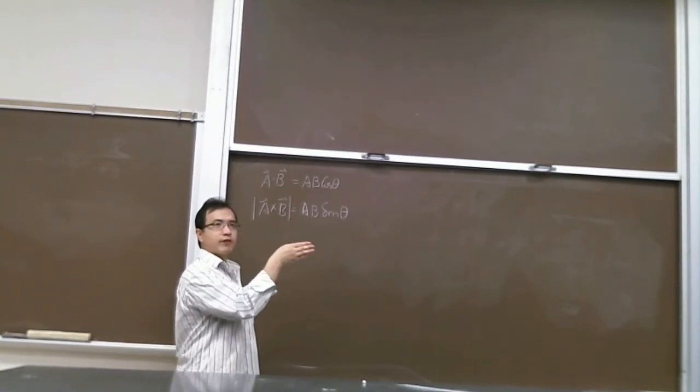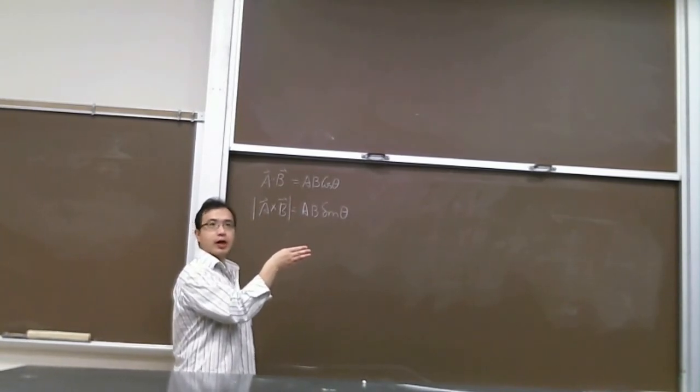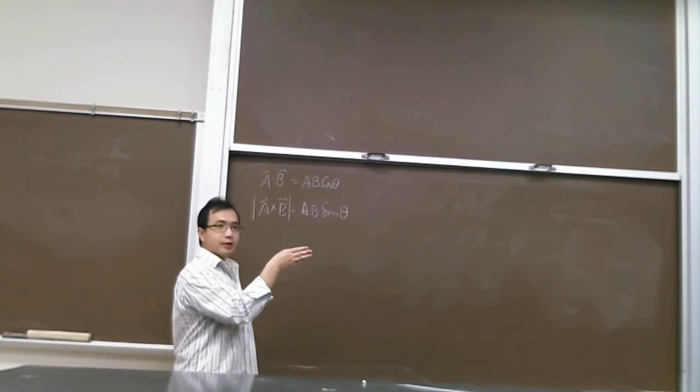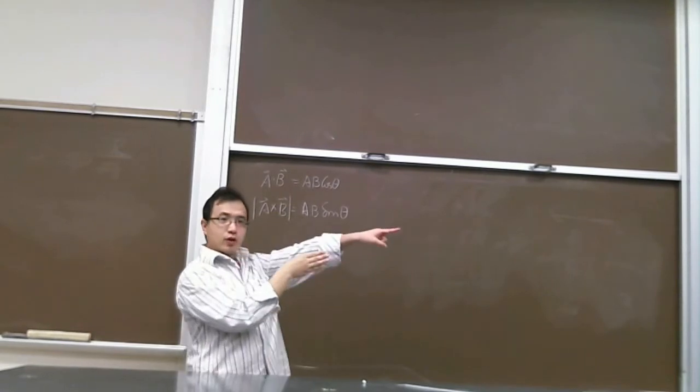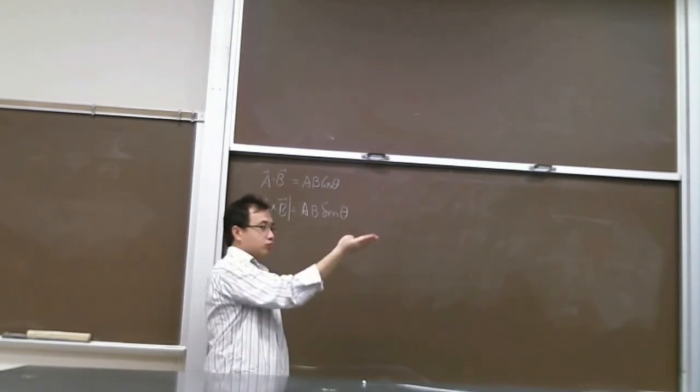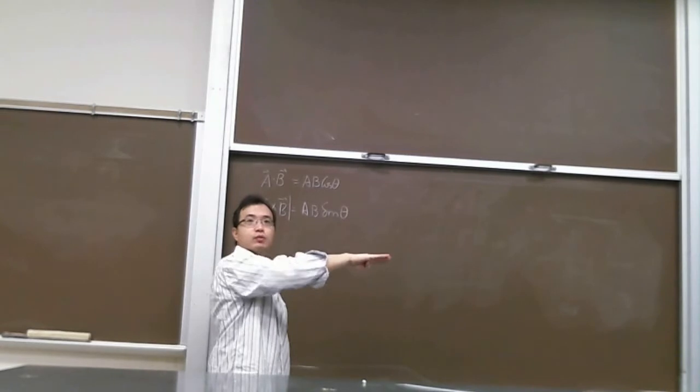First, you make your fingers point to the first vector, A. If this is the direction of A, you can still put your hand in different ways.